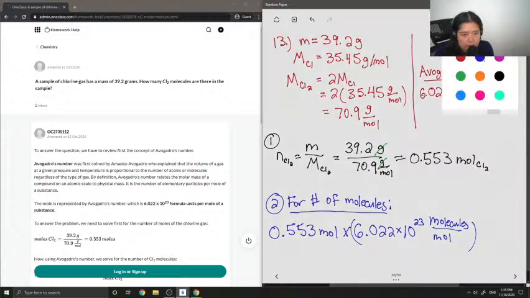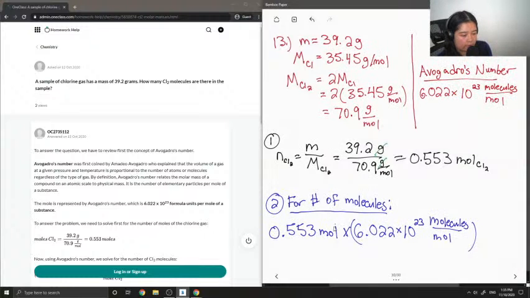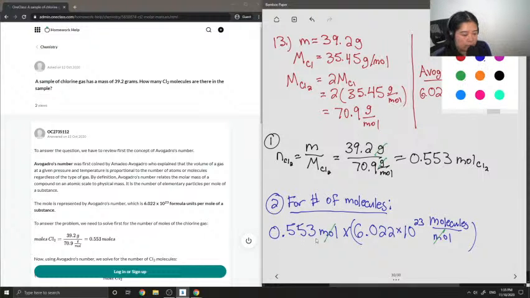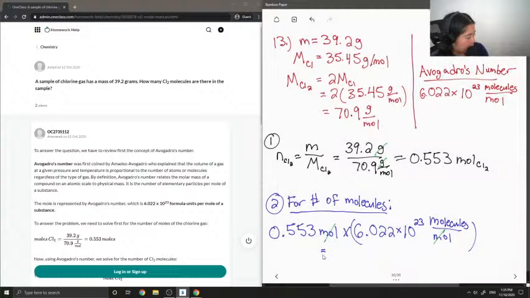So you can see that you did it right if our moles cancel out, and we're left with a value in molecules, which gives us a final answer of 3.33 times 10 to the 23 molecules of chlorine gas.